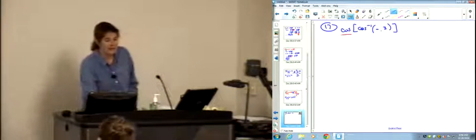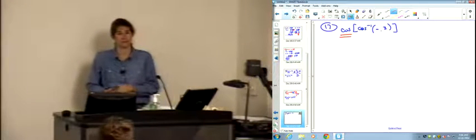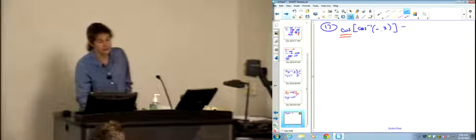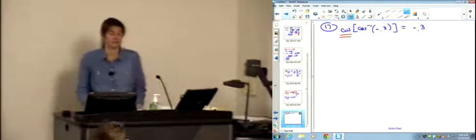The answer is just going to be negative 0.3 because, again here, the outer function was cosine. So whatever your answer is going to be, it's going to have to be between negative 1 and 1. And negative 0.3 is, so that would just be our answer. If the argument of the function is within the parameters, then that will be your answer.